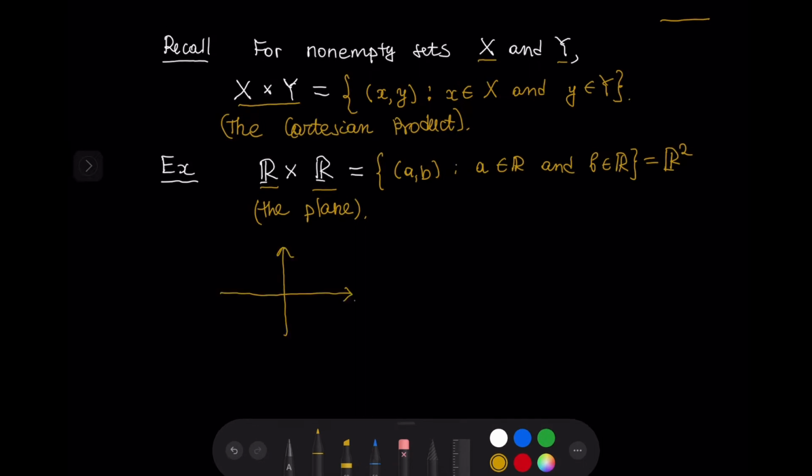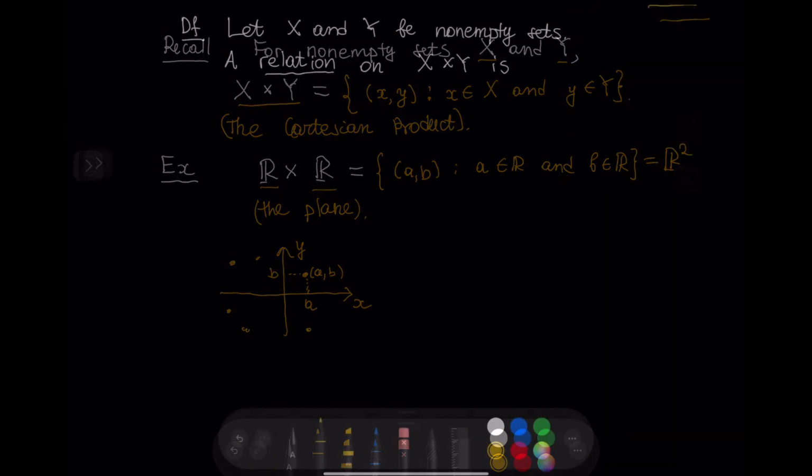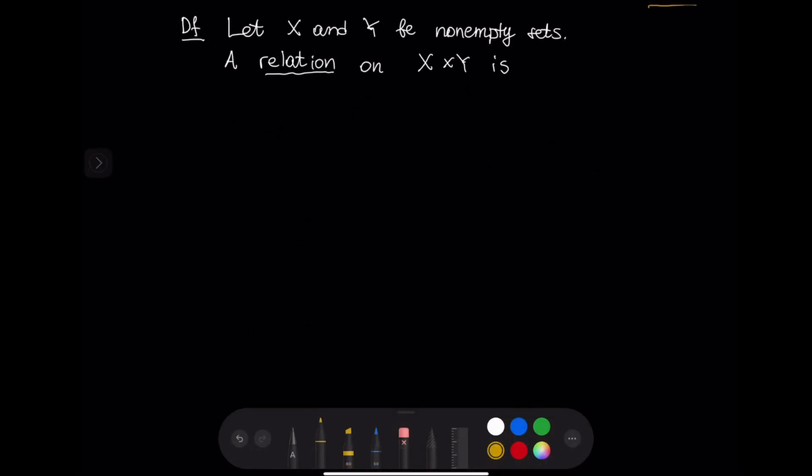So the graphical interpretation of the plane is when we have two perpendicular axes, x and y, and we have points (a, b), such that the a coordinate is on the x-axis and the b coordinate is on the y-axis. So the set of all such points (a, b) on the plane is the Cartesian product R cross R.